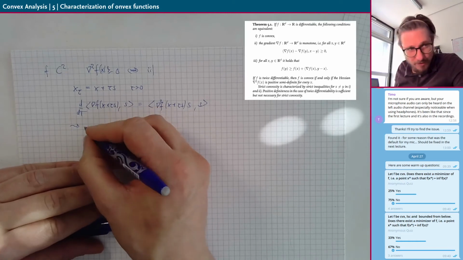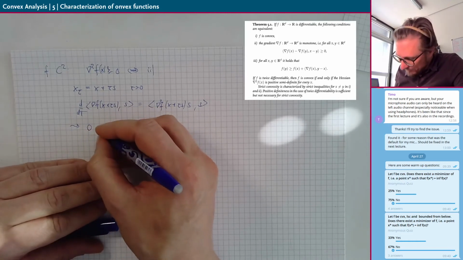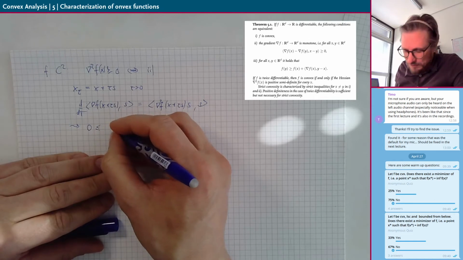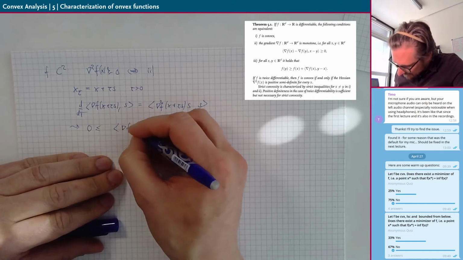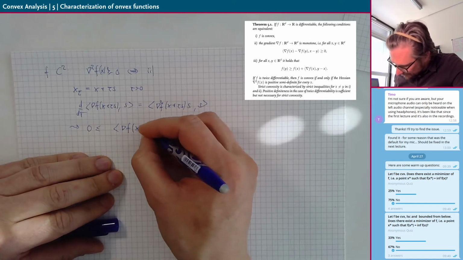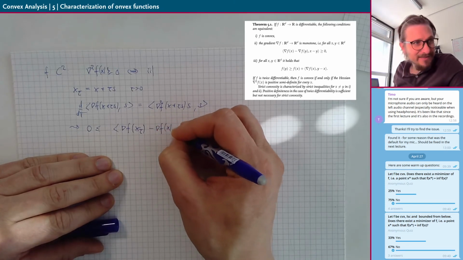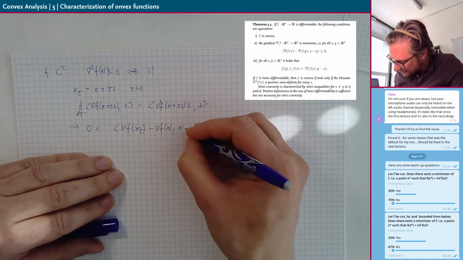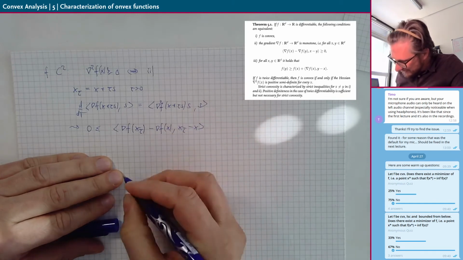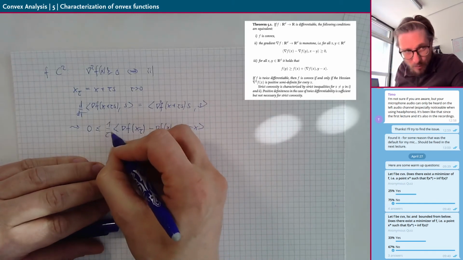Okay, we use this to get the following. We use monotonicity: 0 is smaller or equal to the inner product of gradient of f at x_tau minus gradient of f at x, times x_tau minus x. This is always non-negative, and we divide it by tau squared.